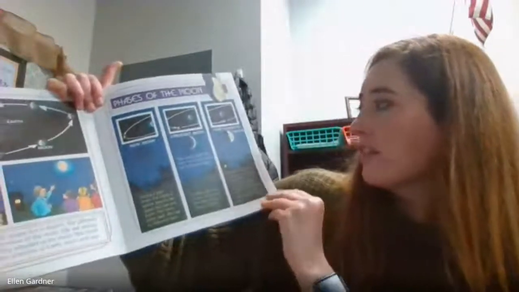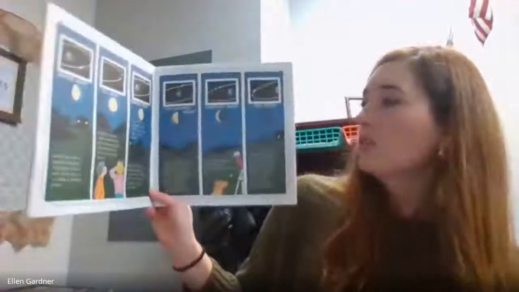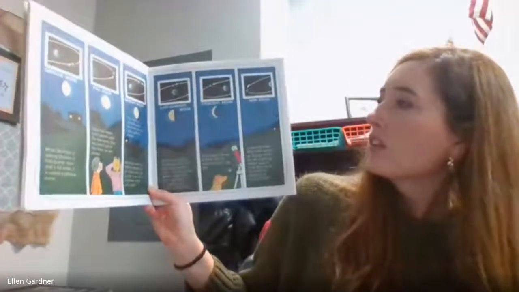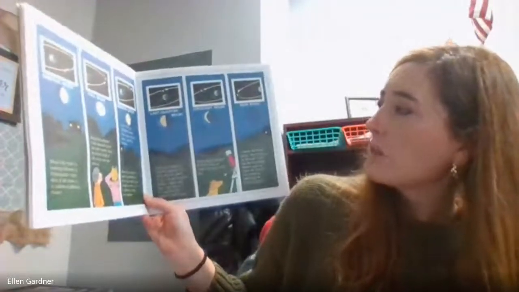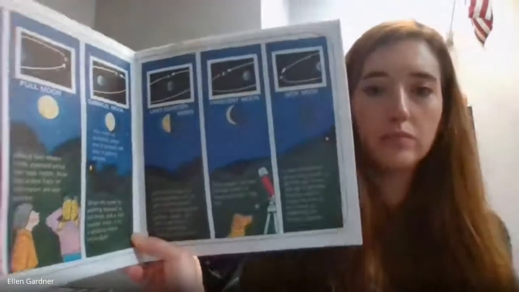And then first quarter moon and third quarter moon are the ones that are about halfway filled. And then we've got the gibbous moon. So we've got waxing and waning gibbous that we'll be learning about. And then this one calls the third quarter moon a last quarter moon.